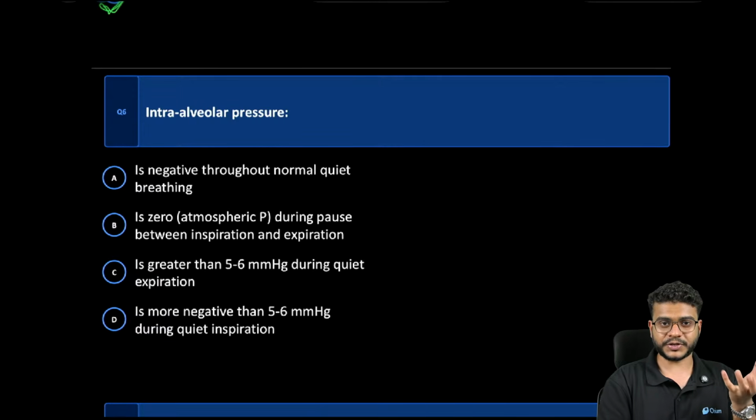Intra-alveolar pressure, the pressure inside the alveoli.